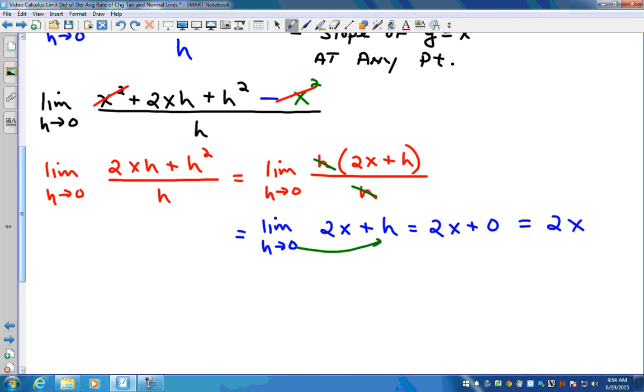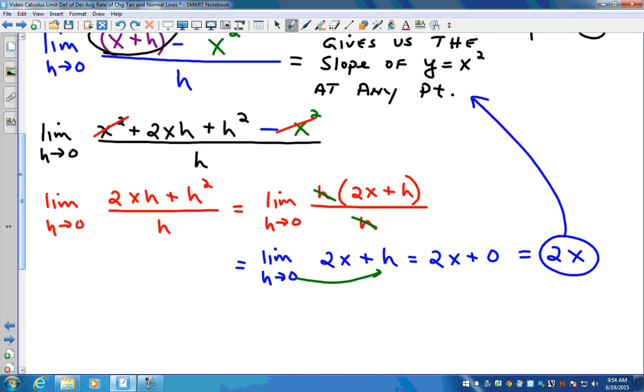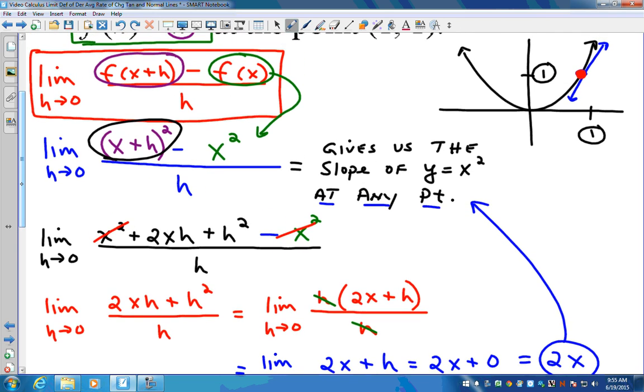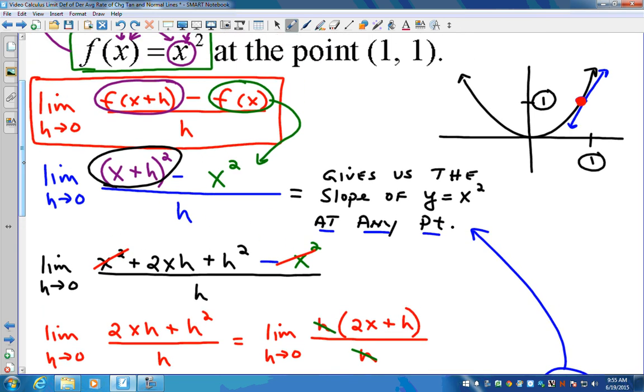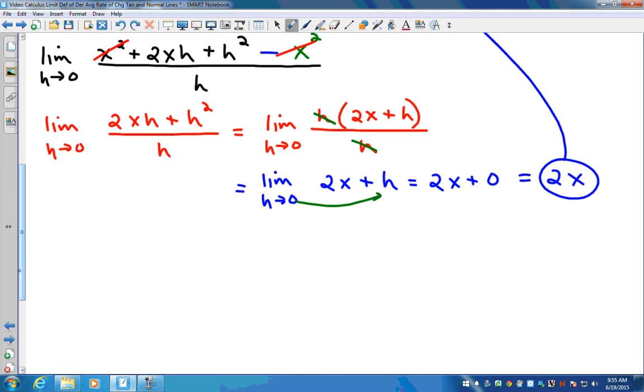All right. What is 2x? What does 2x represent? 2x represents the slope of y equals x squared at any point. What point do we want to know about the slope of y equals x squared? We want to know about it at the point (1, 1). So we're going to go back to 2x, which represents the slope of y equals x squared at any point, and we are going to evaluate this at x equals 1.